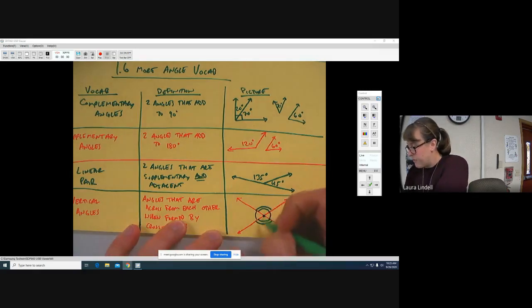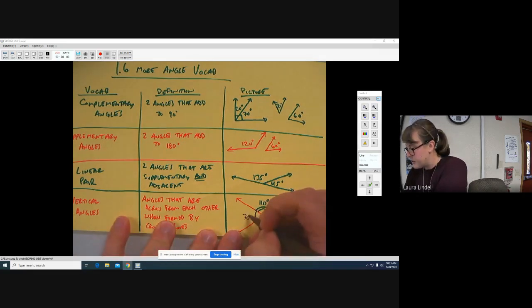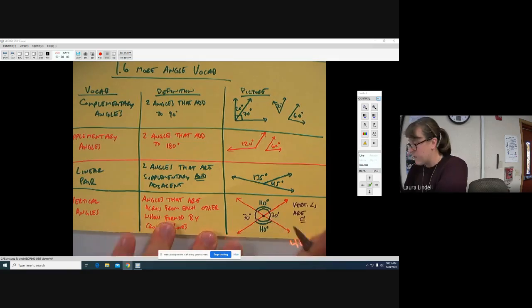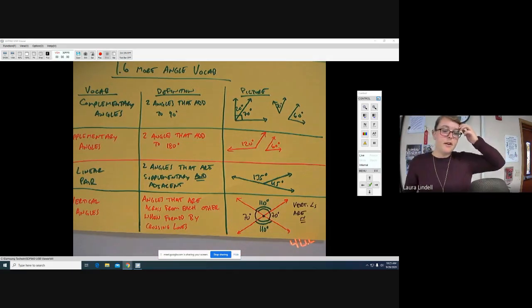But yeah, so both of these would be like maybe 110 degrees. Maybe both of these are 70 degrees. So vertical angles are congruent. They're across from each other. They share a common vertex, but they don't touch in any other way.